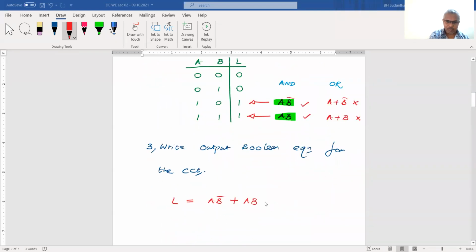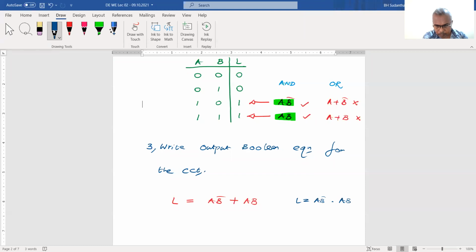But consider this equation. Why here do we use the OR operation? Because this condition and this condition will not be satisfied at the same time. There are two different conditions, two different occasions. If you write this equation with AND, what is the meaning?